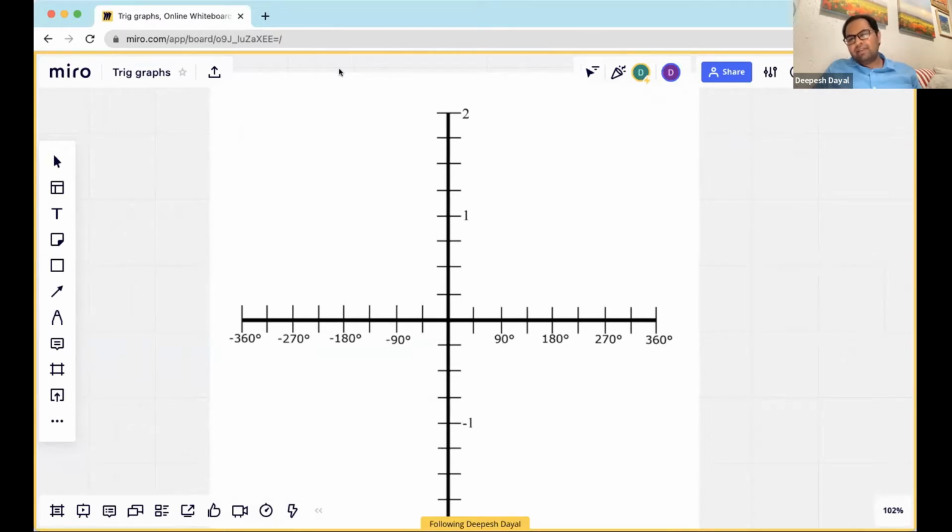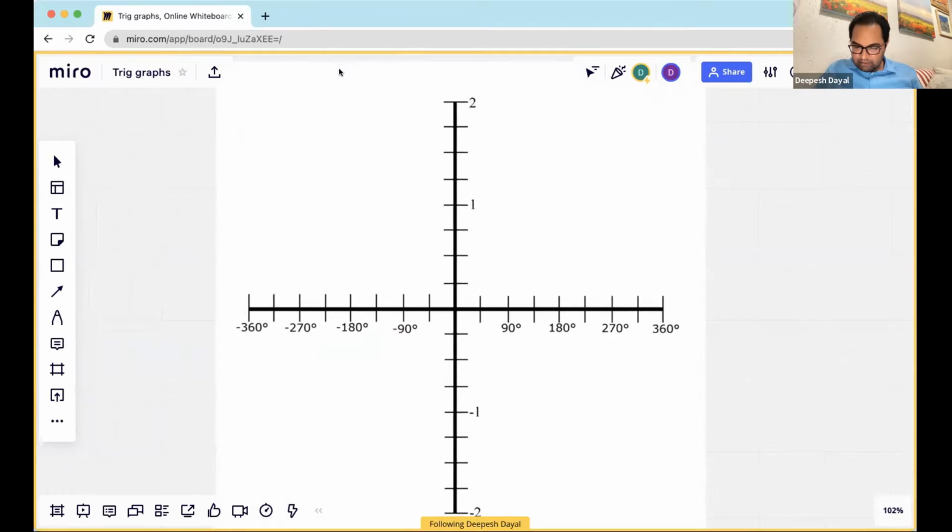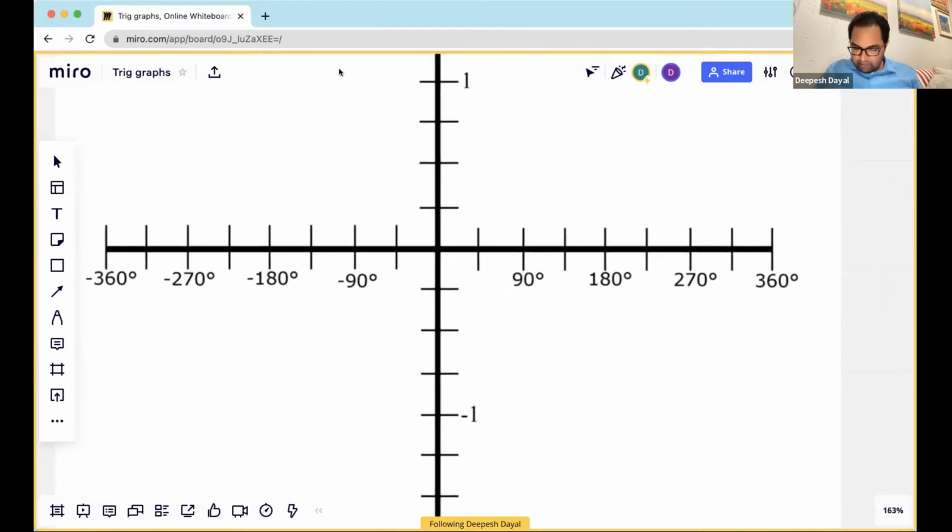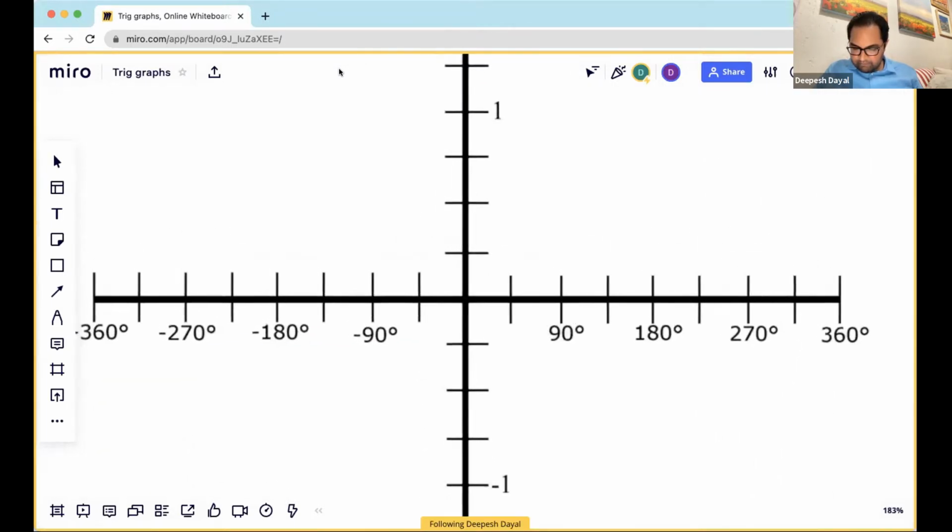I thought I'd draw the graphs free-handed with you rather than just showing you the graphs. So if you have some paper and a pen or pencil, I think it would be really nice if you can just draw this axis out. I'm going to be focusing on this part here.